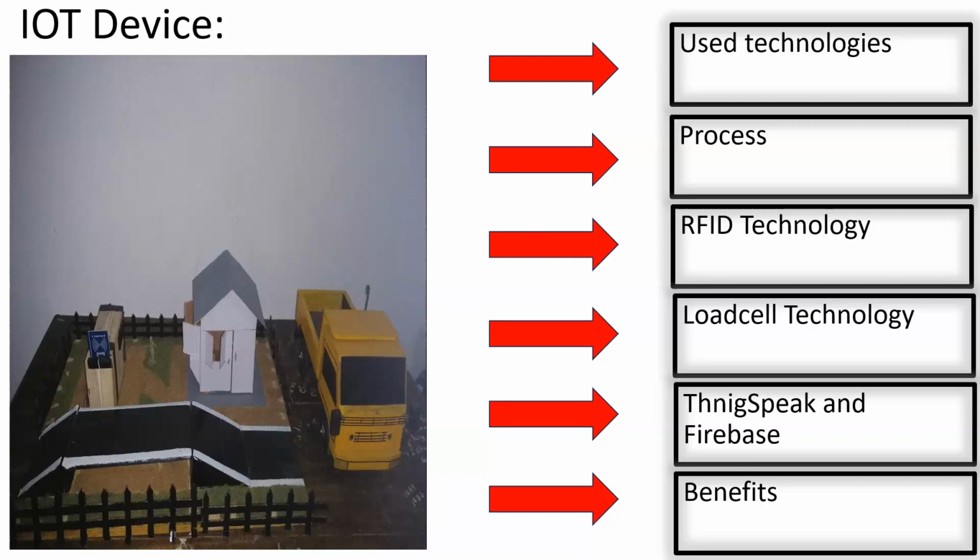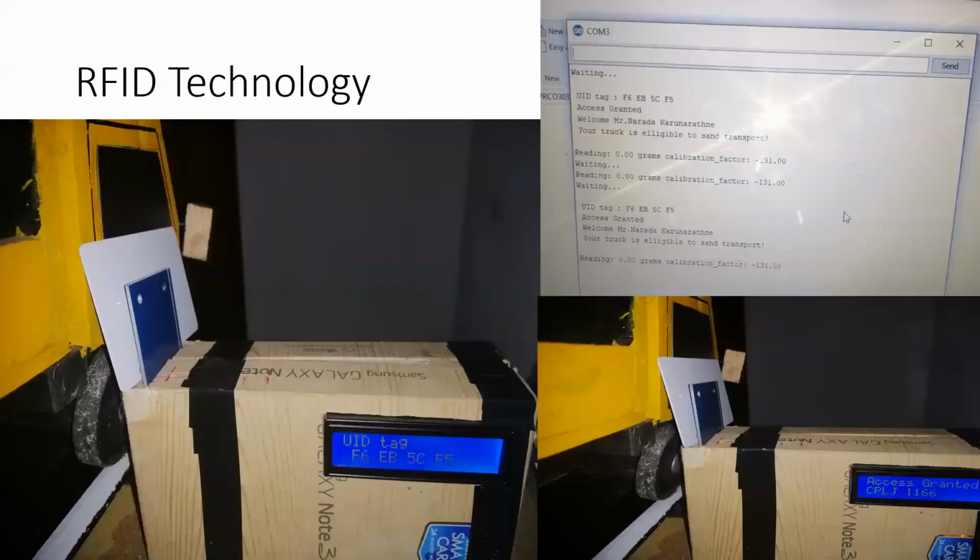But I use ThingSpeak just to store the data that comes from the IoT device. What I have done is send the ThingSpeak data to Firebase. Then Firebase retrieves the data in the mobile application, and the relevant parties can see the relevant data. You can see I attached some snapshots that I have implemented for the IoT device.